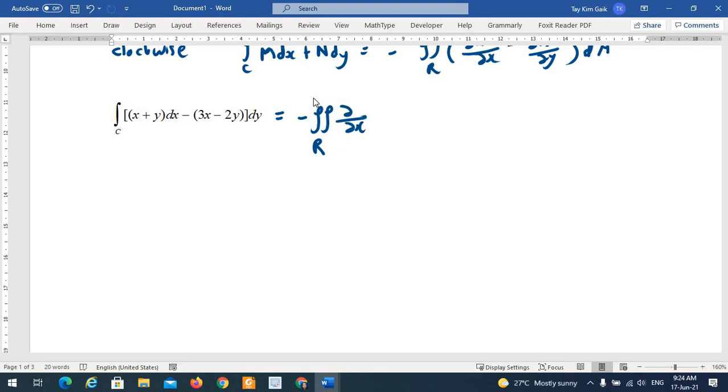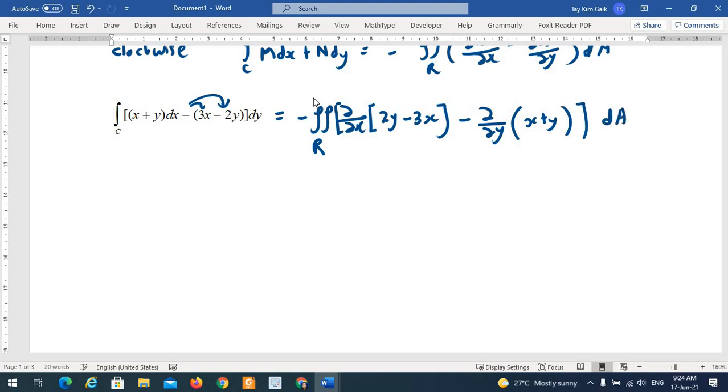Okay, you expand the negative here, so it becomes del x of 2y minus 3x, minus del y, coefficient of x, which is x plus y, and then this is dA. So negative because the direction is clockwise. So it's negative of the anti-clockwise direction.